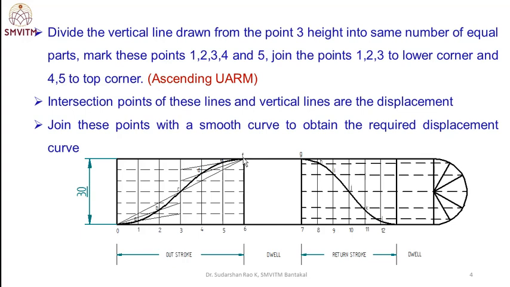The intersection points of these lines are the required points; mark the points A, B, C, D etc. and join these points with a smooth curve. That is the uniform acceleration retardation motion.